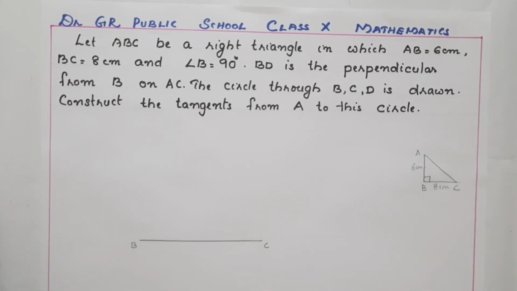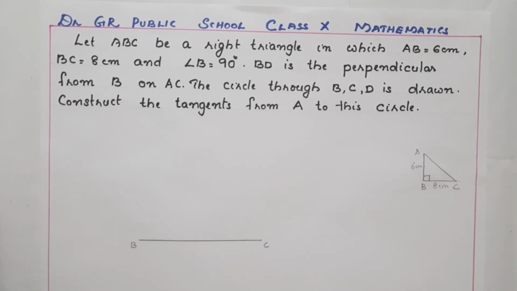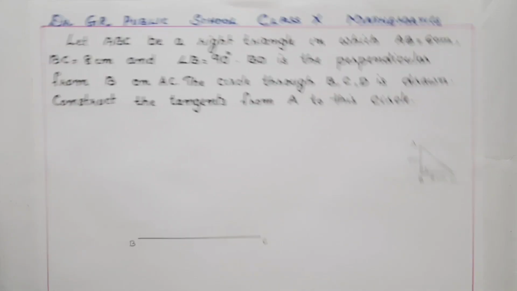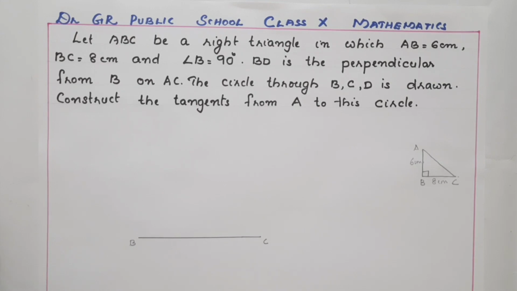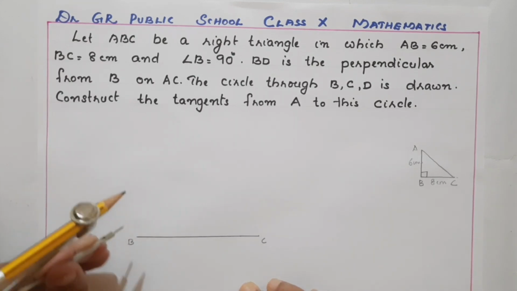So you know how to construct 90 degree at a point. Already we have discussed one question. First we will draw 60 degree arc, then 120 degree arc. Then we have to bisect the length of the arc between the 60 degree arc and 120 degree arc. So let me start.